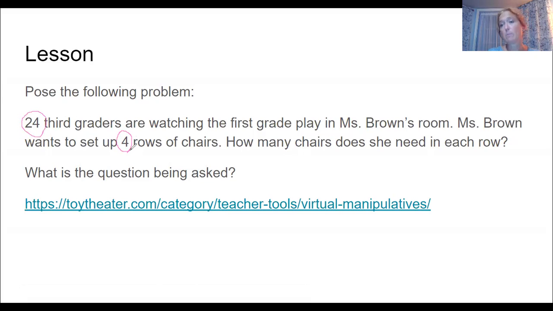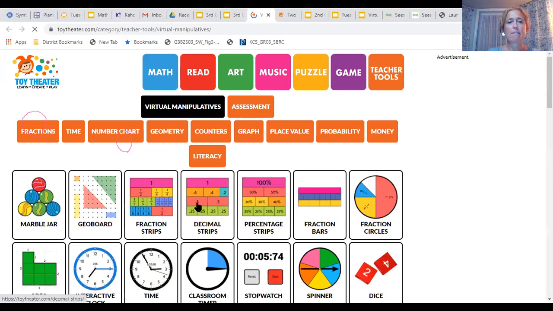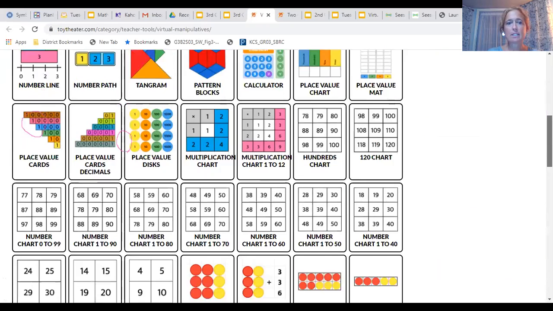So there's 4 groups, because remember I said the rows are the groups. So there's 4 rows and there's 24 total third graders. And our question being asked is, how many chairs does she need in each row so that all 24 can sit? Okay, so to do this problem today, we're going to go to our virtual manipulatives.